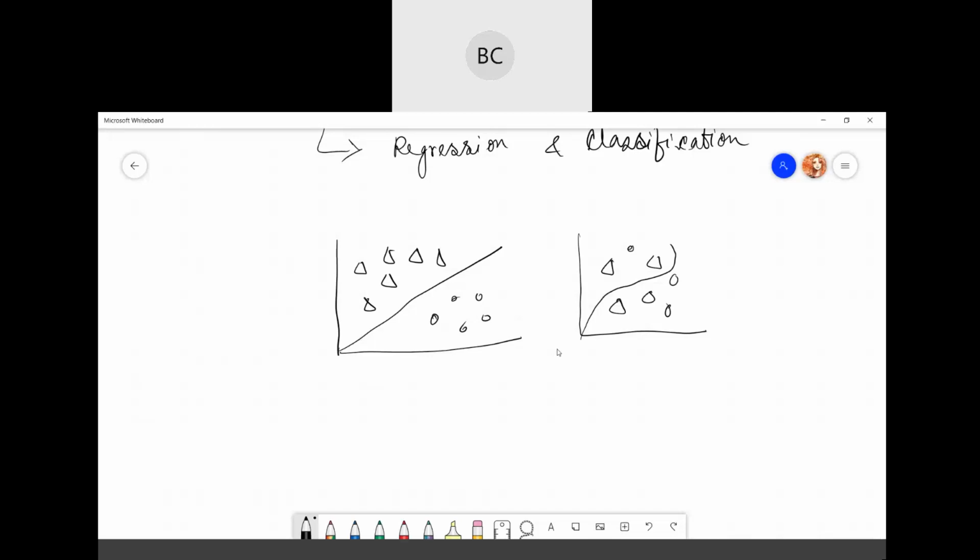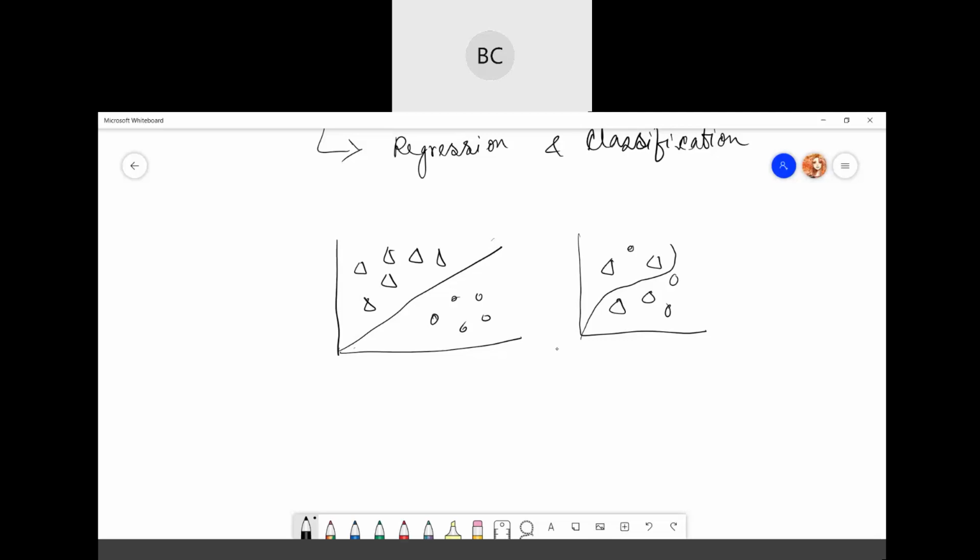Okay, so SVM chooses some data points that will help to create the hyperplane. Hyperplane means like this line. These extreme points are called the support vectors.